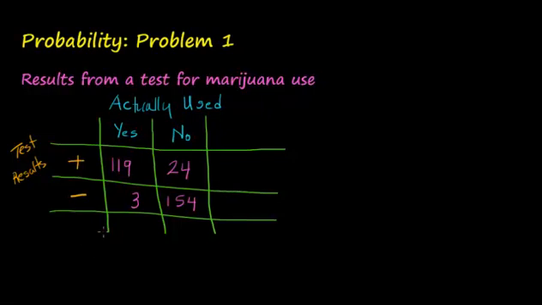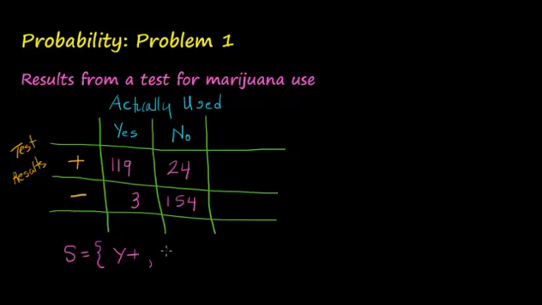So, let's think about our sample space here. There are 4 possible outcomes. I'm going to do some abbreviation here. You could have a person, yes, they used and they tested positive, so someone who falls into this category.